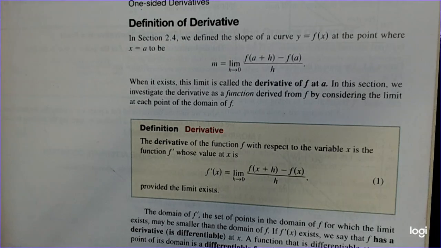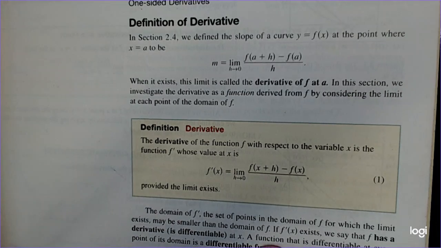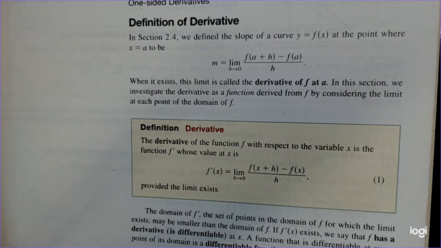What else can we say? Oh, okay. The domain of f prime, or the set of points in the domain of f for which the limit exists, may be smaller than the domain of f. More or less what they're saying is that if f prime exists, then we have a function that is differentiable at x.